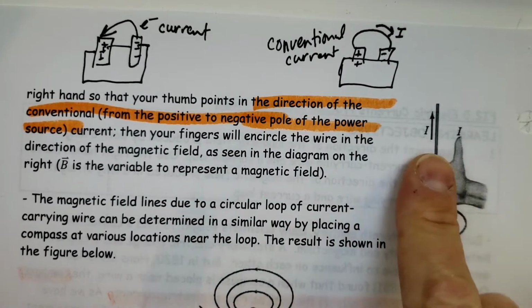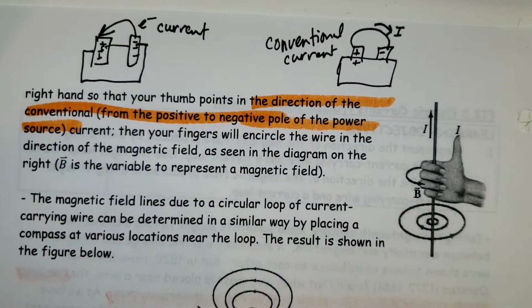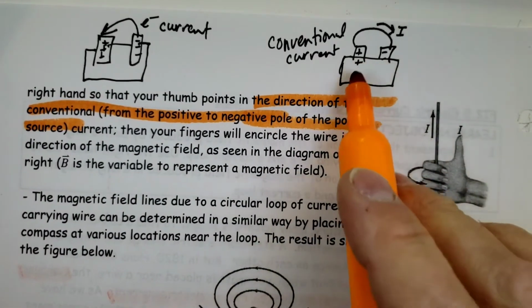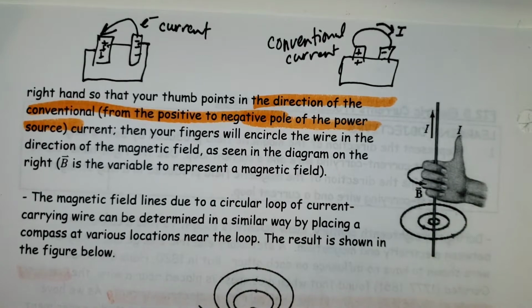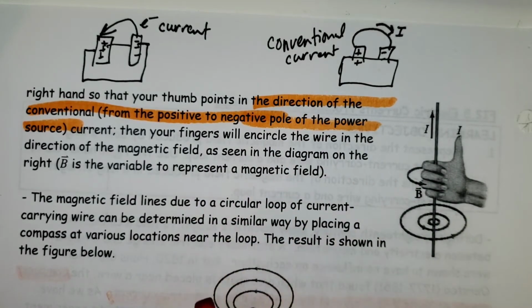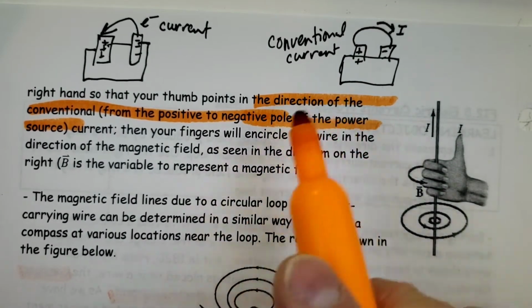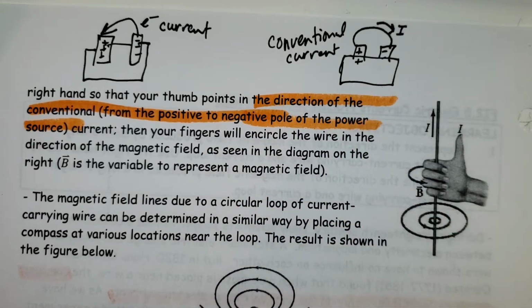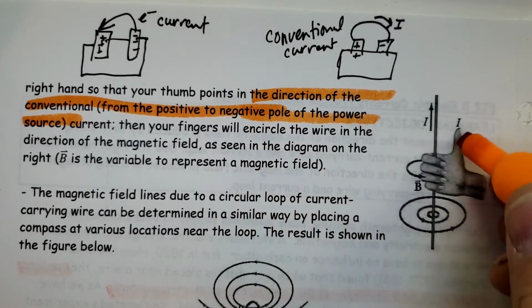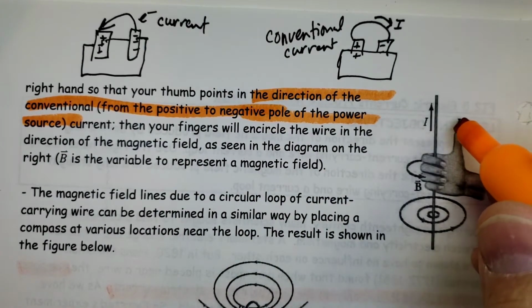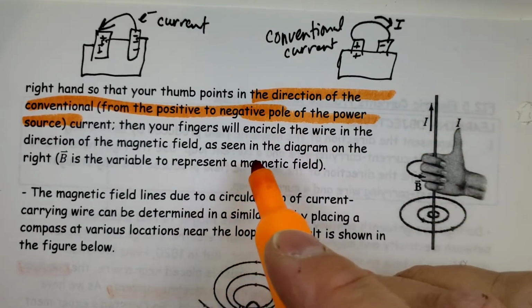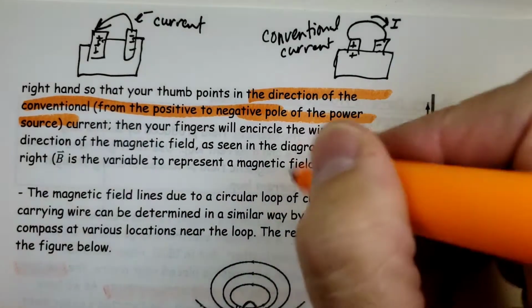If you see a capital I, usually in a picture or a textbook of physics, that usually indicates conventional current. Think of it as the flow of positive charges. Unless it's otherwise stated, if you see a picture of a battery, you can tell if it's electron or positive. So the thumb points in the direction of current, and then your fingers will encircle the wire in the direction of the magnetic field.